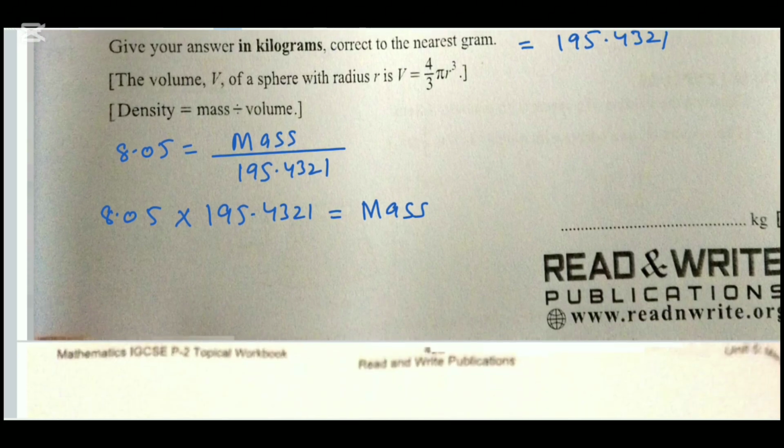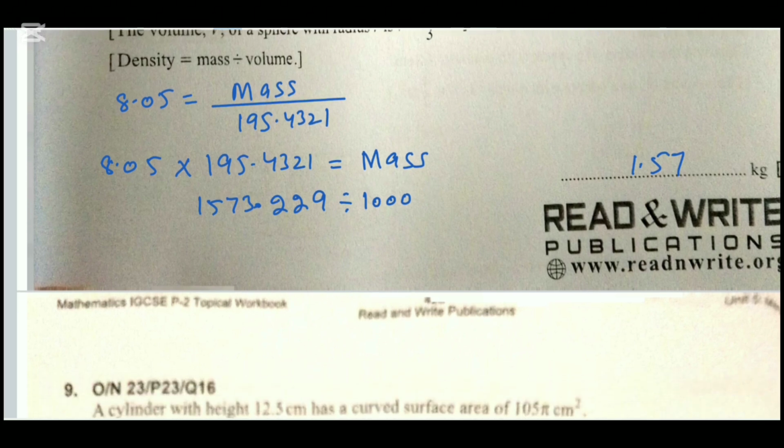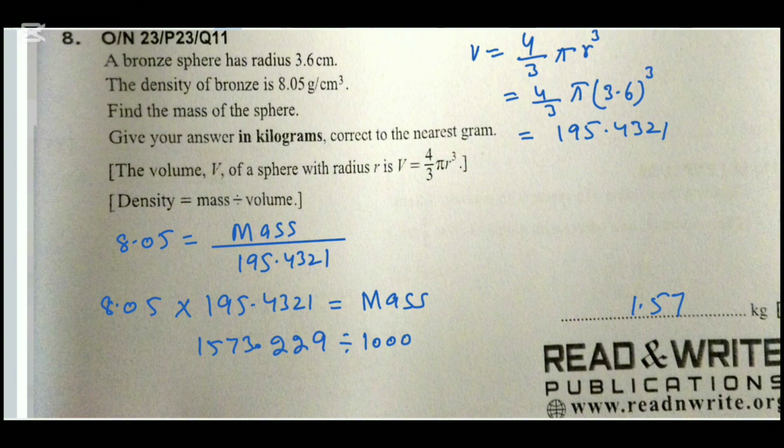You will get 1573.229, and if you divide it by 1000 you will get your answer in kilograms. That will be 1.57. So you have to convert it into kilograms, that's why we divide it by 1000. This is the way you will solve this question.